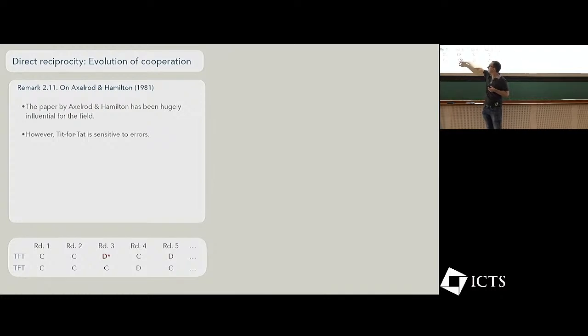The bad thing is, once there is defection, you would have these vendettas. The next round, my co-player would defect, the round after, I would defect, and so on. This is exactly the reason why tit for tat is not subgame perfect, because after this happened, what happens afterwards is very bad. If you ever experience such an error, you would like to deviate from tit for tat, because you would like to avoid these kinds of vendettas.